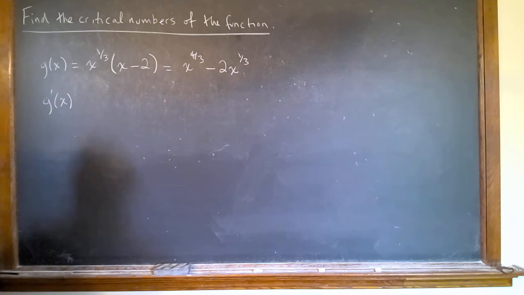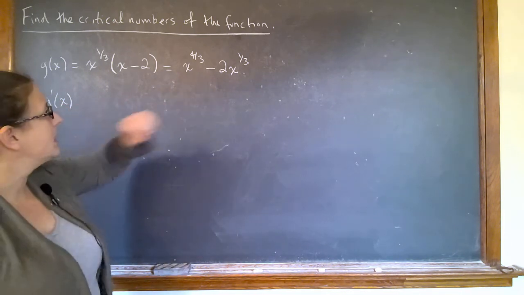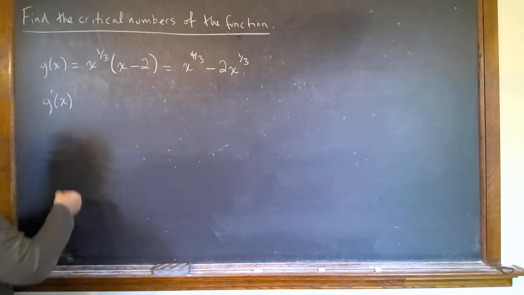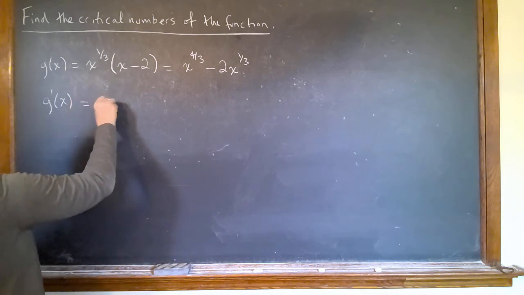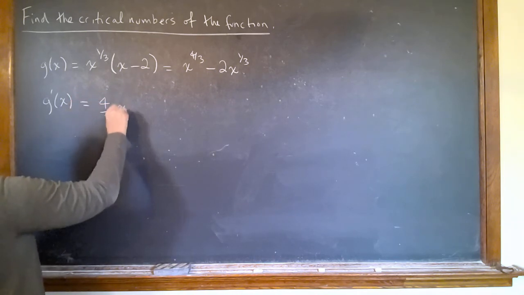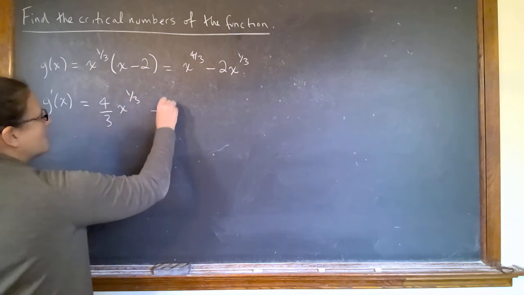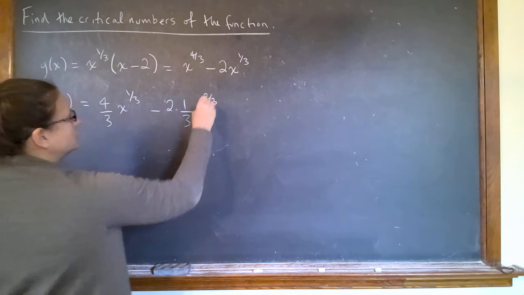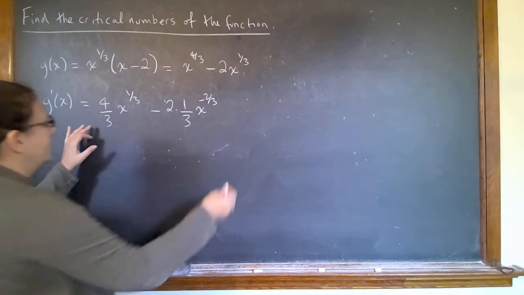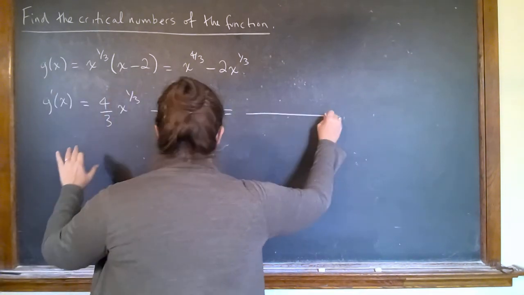The reason I wanted that is because you can see that something might be happening at 0. So the derivative here is going to be 4/3 x to the 1/3 minus 2 times 1/3 x to the negative 2/3, right? Okay, so what is this?